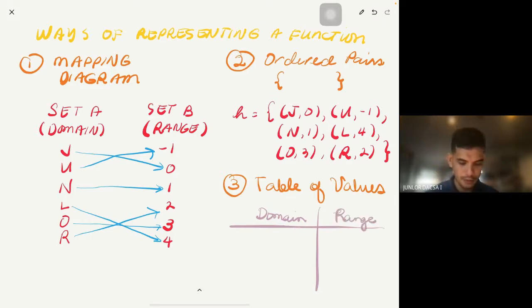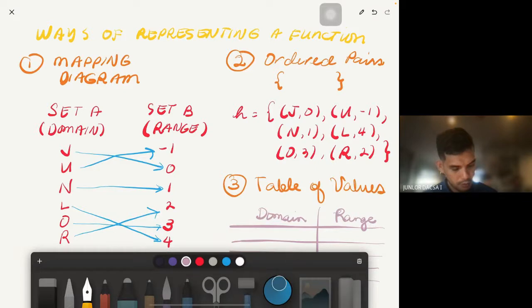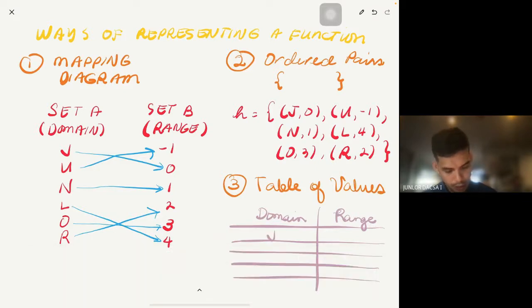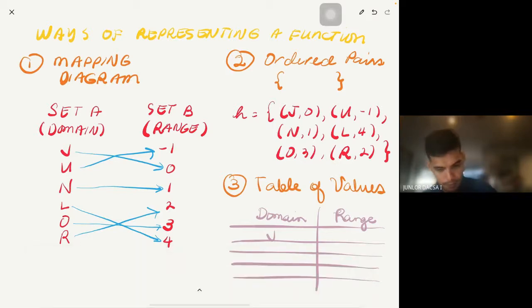So let us say this is our table. Let us say J, so J, 0, not O, then U, -1, N, 1, L, 4. So let us add more rows.